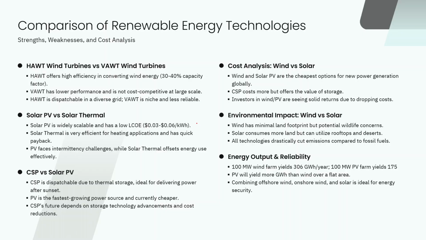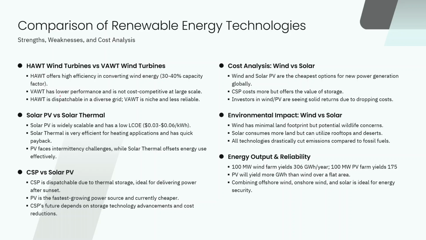Okay, so let's look at some strengths, weaknesses, and cost analysis of the different technologies, right? If you compare horizontal versus vertical axis wind turbines, the horizontal axis offers high efficiency in converting wind energy to electricity, about 30 to 40%, right?